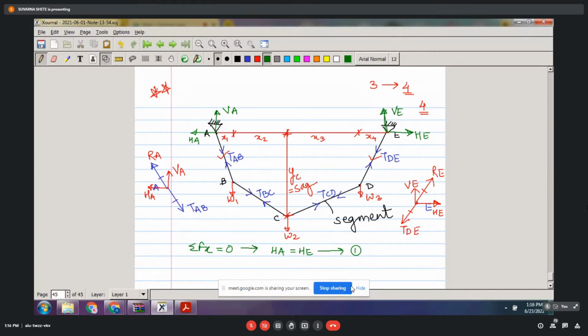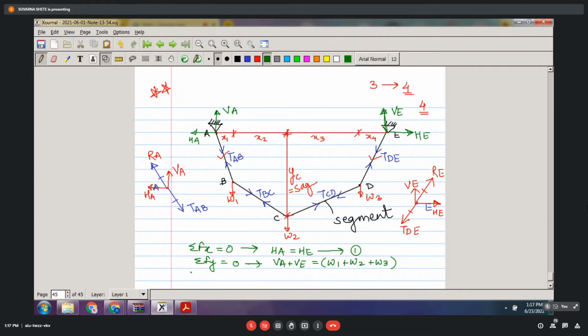So HA is equal to HE. My summation Fy equal to 0 equation will give me VA plus VE is equal to all my W's, correct?